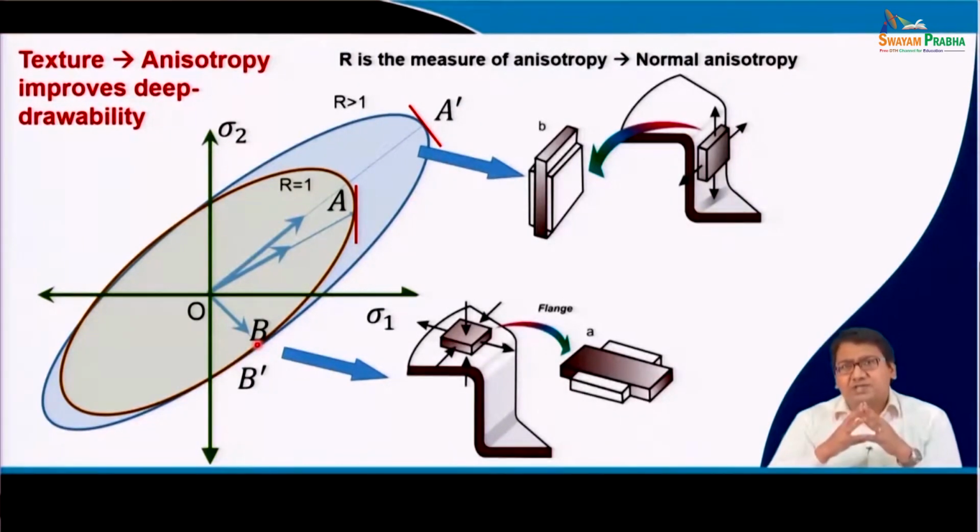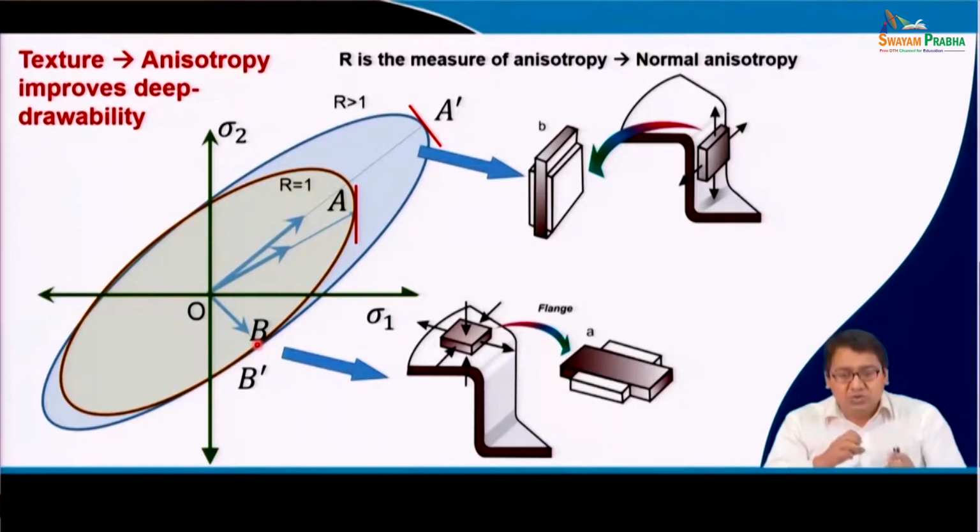Now, the point is this: if we introduce texture in this polycrystalline material, what happens? The material becomes anisotropic, and as I said, most materials will possess texture.